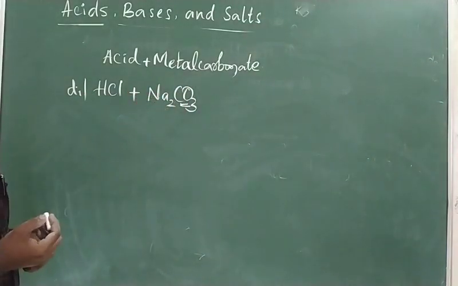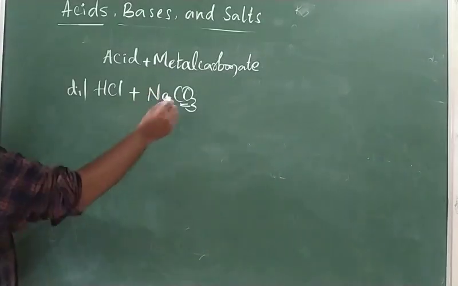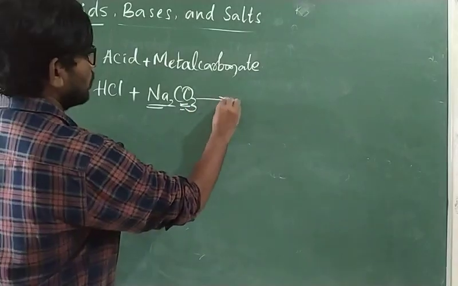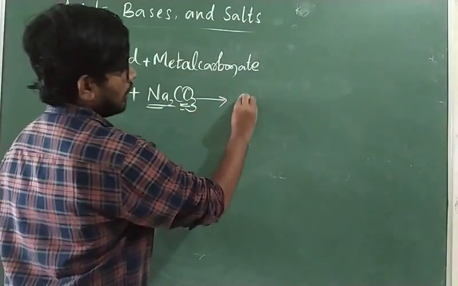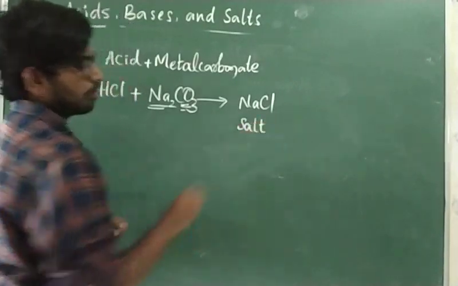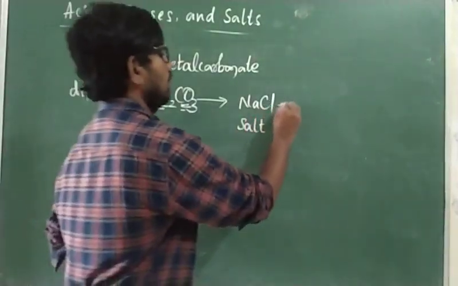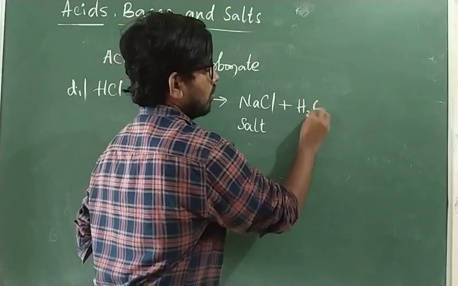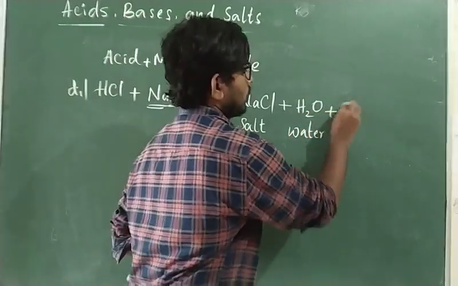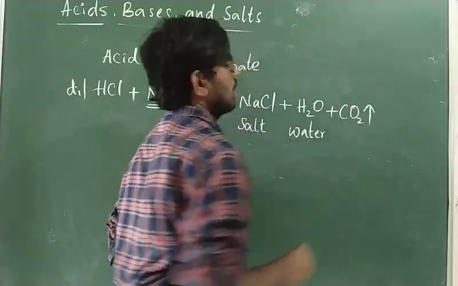HCl plus Na2CO3, sodium carbonate. What is going to form? It is going to form NaCl, which is nothing but salt, plus water, plus it is also going to produce carbon dioxide.